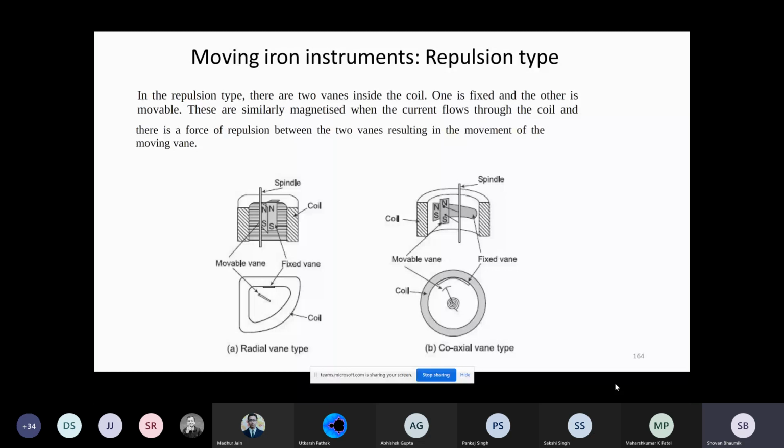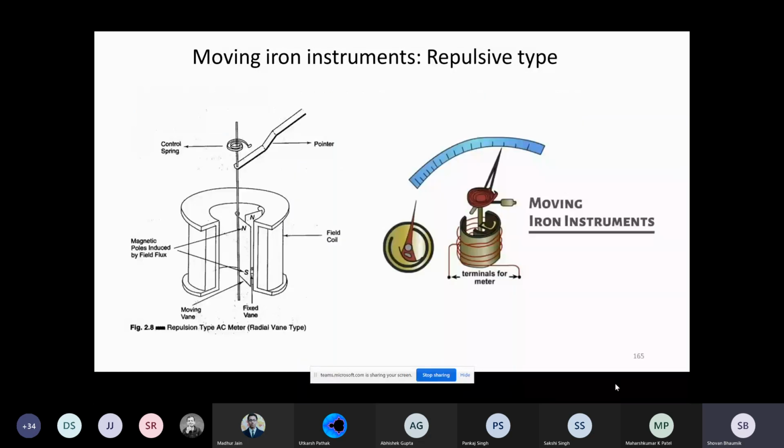So again I am repeating. In the new figure you may appreciate it. Here you see that there are two vanes, and there is a coil.